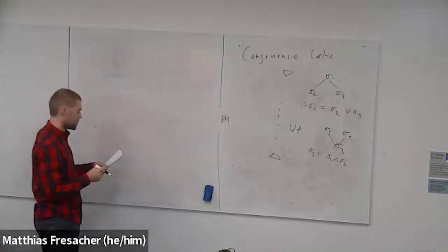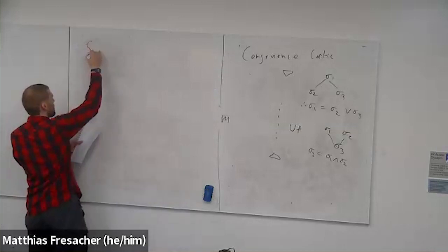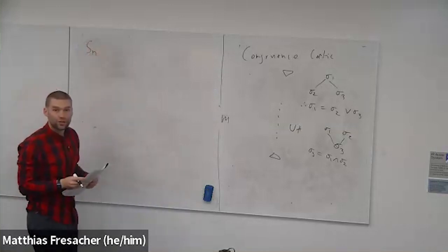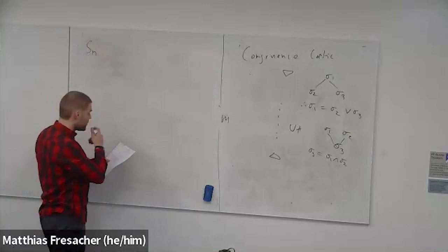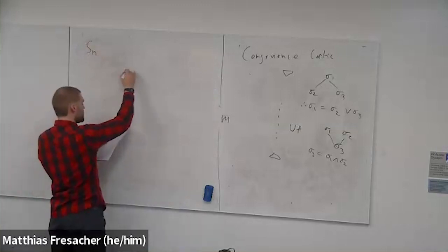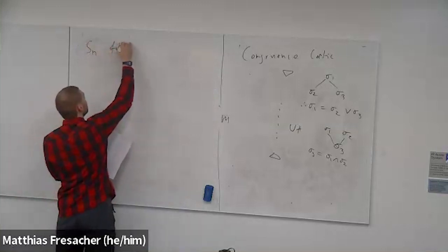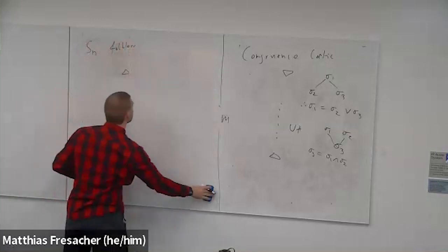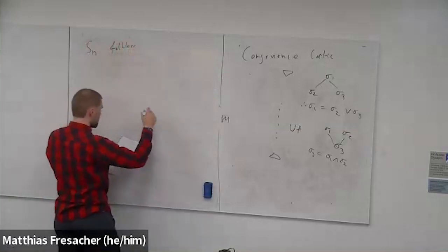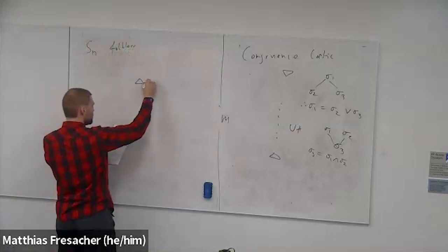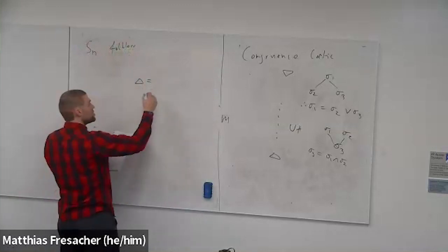For example, if we look at the symmetric group, its congruence lattice, and this is folklore, is going to be, we have our trivial congruence. So these are just your normal subgroups.